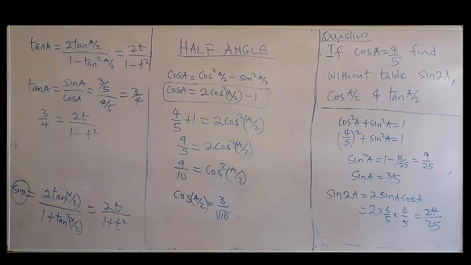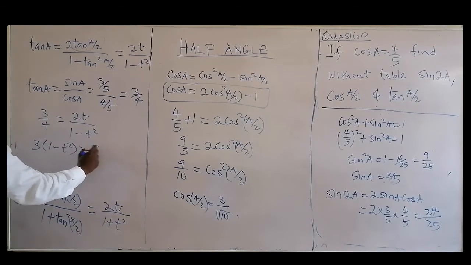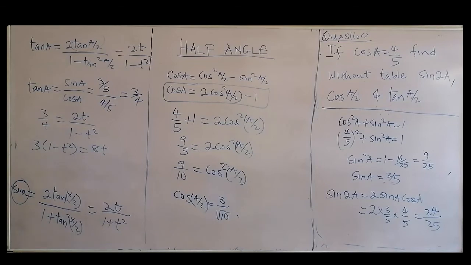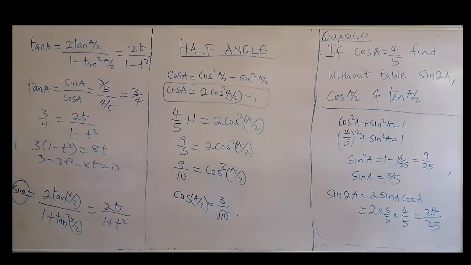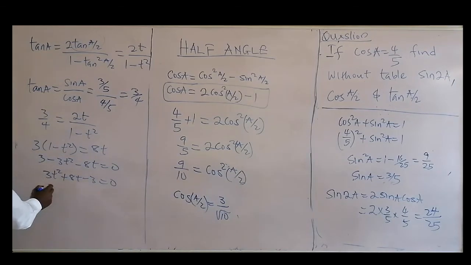Let's cross multiply. We have 3 into bracket 1 minus t squared, equal to 8t. Expand. That will be 3 minus 3t squared minus 8t equal to 0. Can you multiply through by minus? So that will be 3t squared plus 8t minus 3 equal to 0. So your t will be equal to 1 over 3 or minus 3.